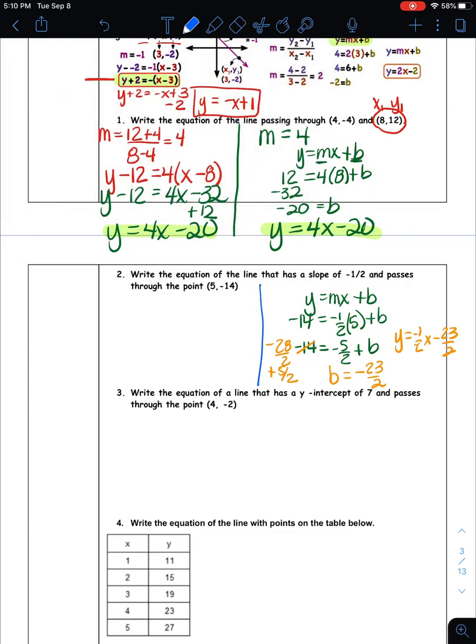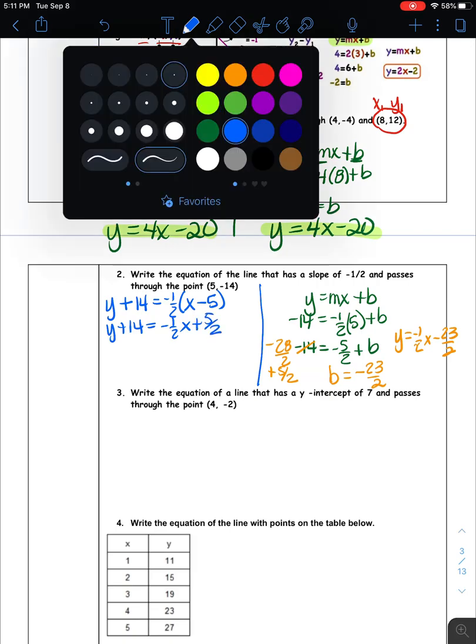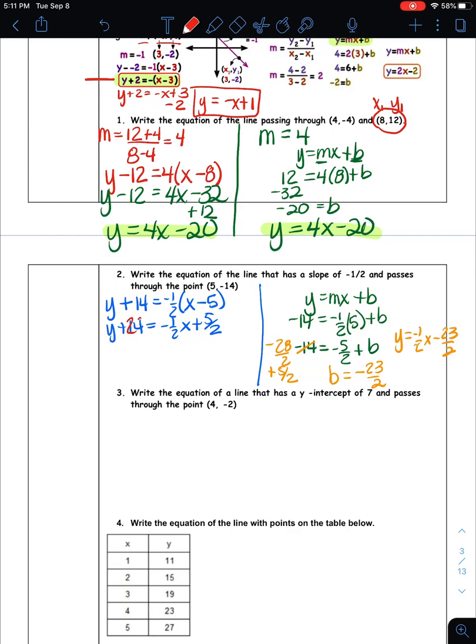If I use point-slope, I would have y minus, and then it's a negative 14, so positive 14, equals the slope times x minus x1, which is 5. So I have y plus 14 is equal to negative 1/2 x plus 5/2. Again, we need to change that 14 into 28 over 2.